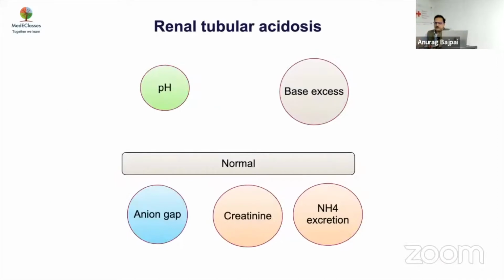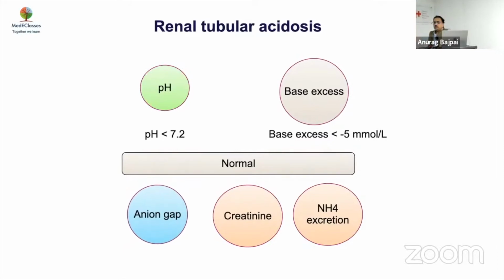This is what we said, that this is RTA, a renal tubular acidosis. So it has to be a metabolic acidosis with a tubular problem, normal glomeruli. For RTA, you need to have a metabolic acidosis, so pH should be less than 7.2 and base excess below -5, so -6, -7, which means there is a metabolic acidosis.